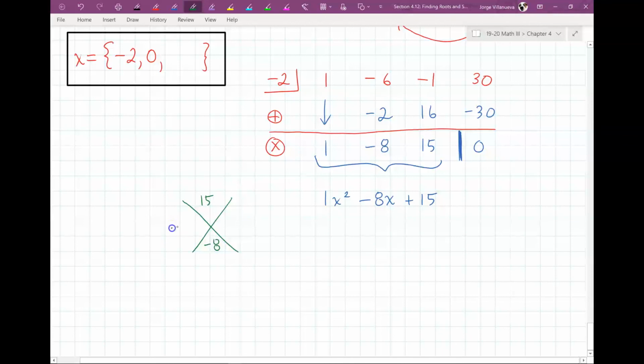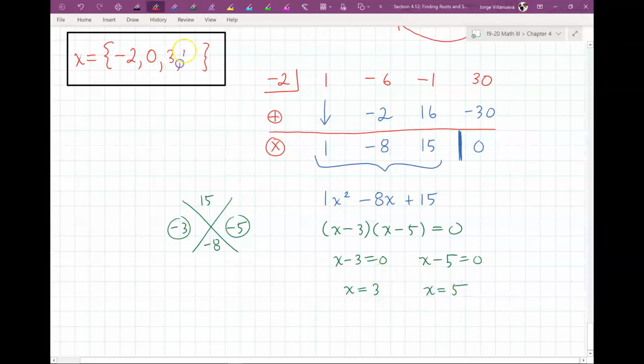So we can use a -3 and a -5 as our solution. So x minus 3, x minus 5 equals 0. So x minus 3 equals 0, or x minus 5 equals 0, which implies that x must be 3 or x must be 5. So we'll put those two answers here.